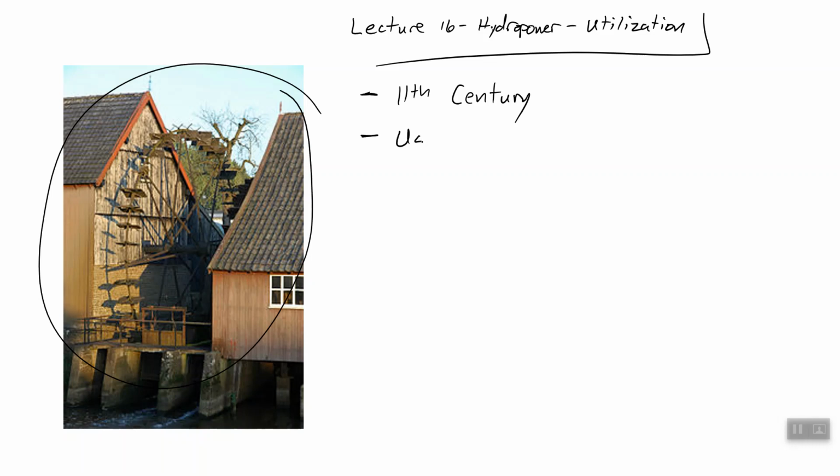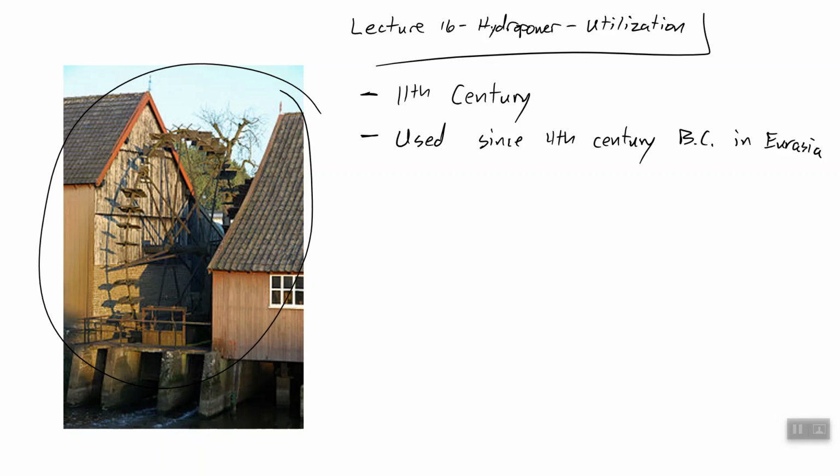In fact, water wheels have been used since the 4th century BC in Eurasia. The exact location of their first use is obviously debated by historians, just like everything else.